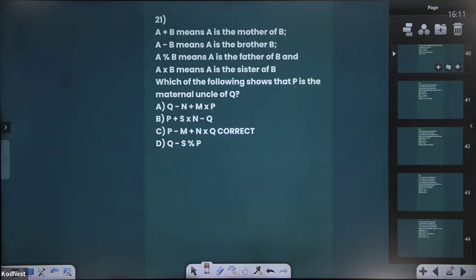Shrenika, actually the drive is happening at the KodNest Center. So for the online students, I think it is happening virtually, yes or not? Okay, just wait for a while, let me confirm this.